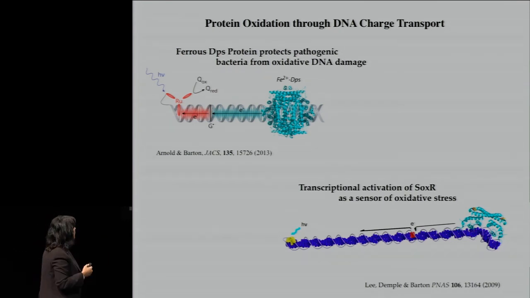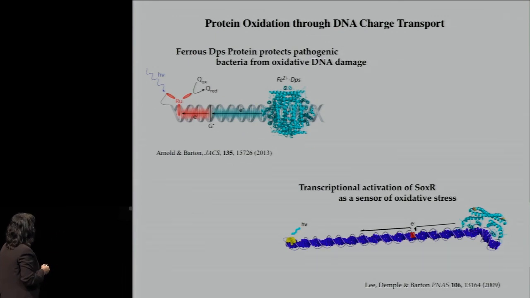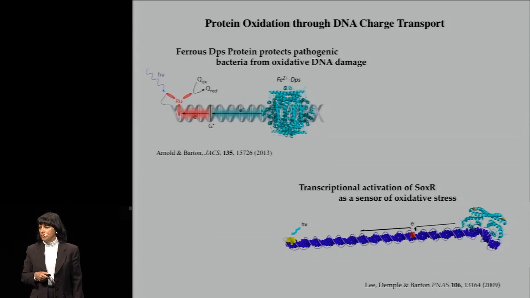And Anna Arnold in the group was able to show that that's exactly what can happen. And so if we take a ruthenium oxidant to generate holes in the DNA, we can oxidize the iron in that DPS and protect that DNA from damage.